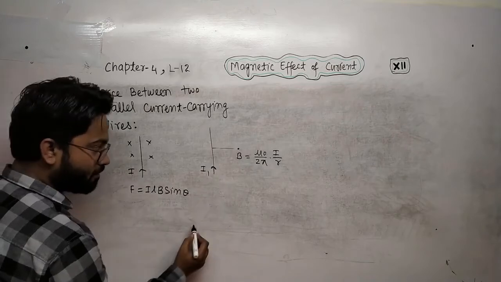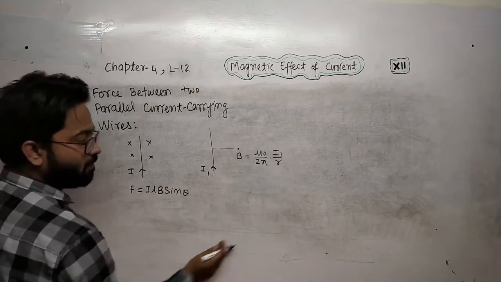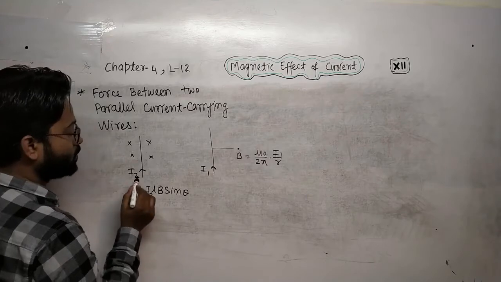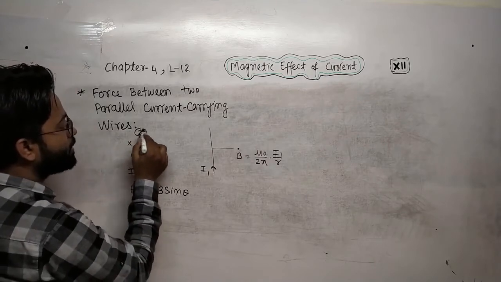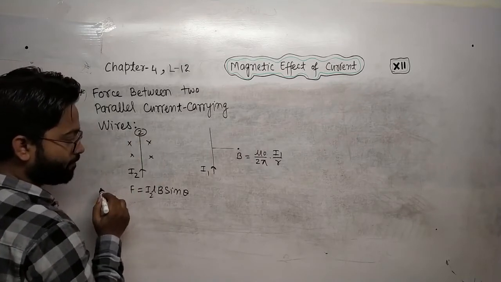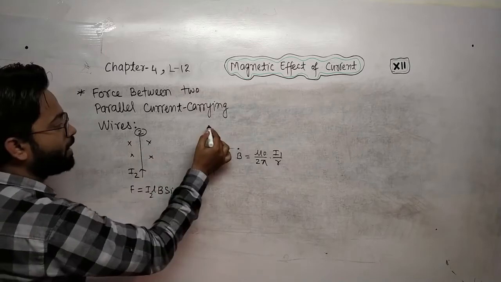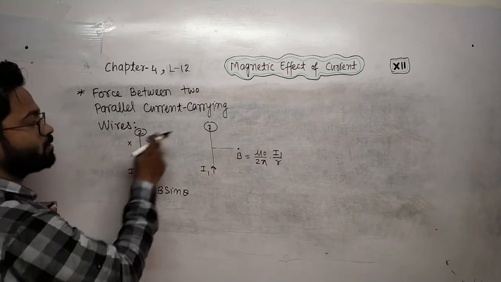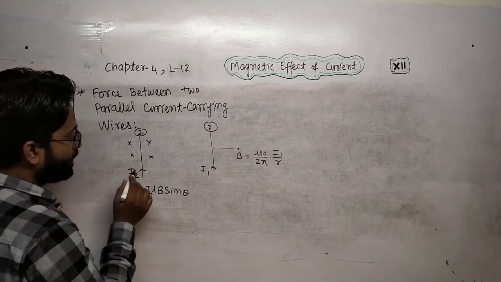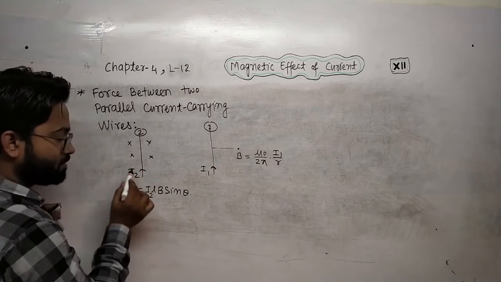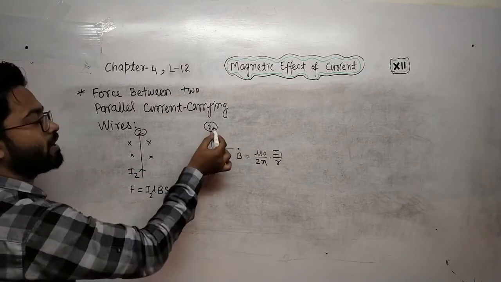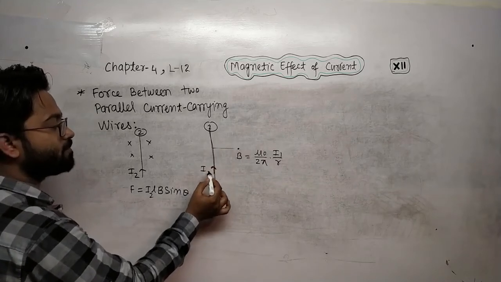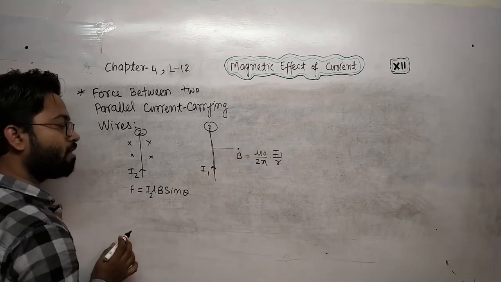If this is I1, the current will be I1. If this is I2, there will be I2. Let us suppose this is wire 2 and this is wire 1. Wire 2 carries current I2, and wire 1 carries current I1.